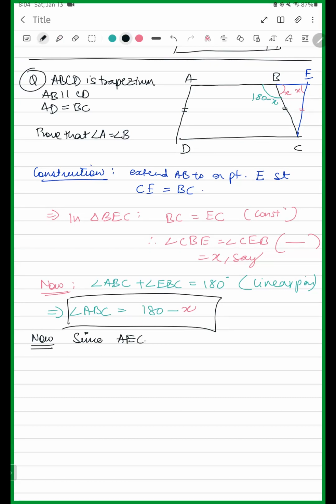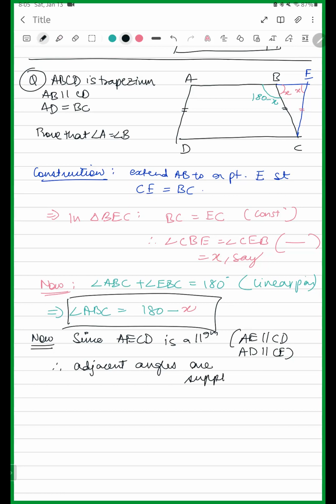Now, AECD is a parallelogram. Why is it a parallelogram? Because AE is parallel to CD, and also opposite sides are equal. And also AD is parallel to CE. Since AECD is a parallelogram, adjacent angles are supplementary.